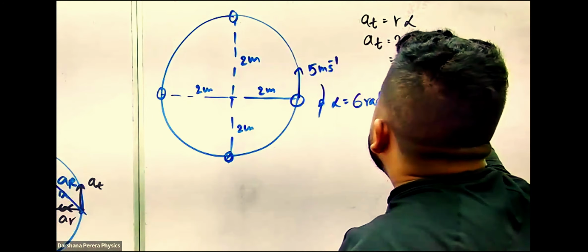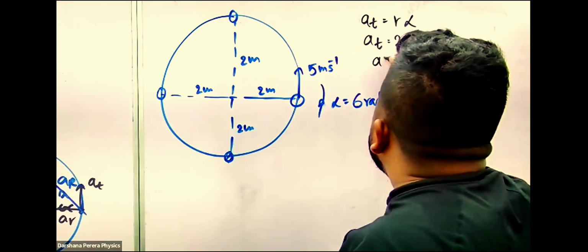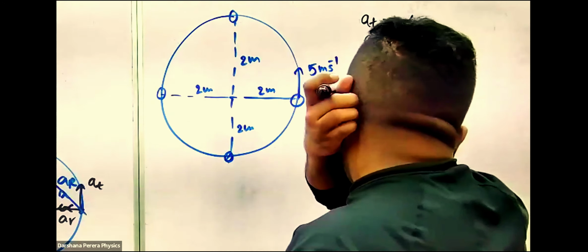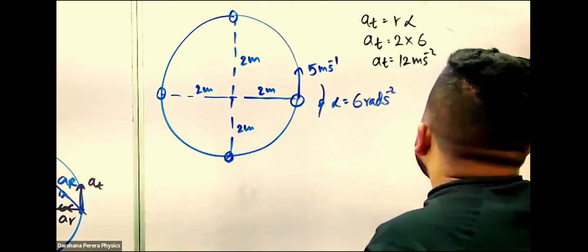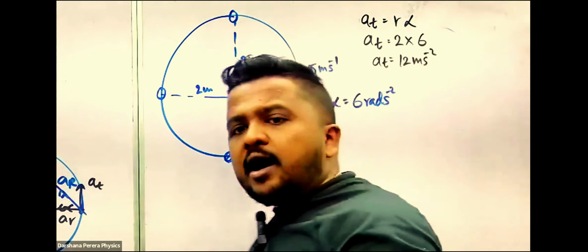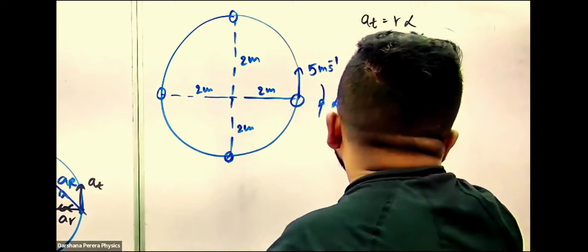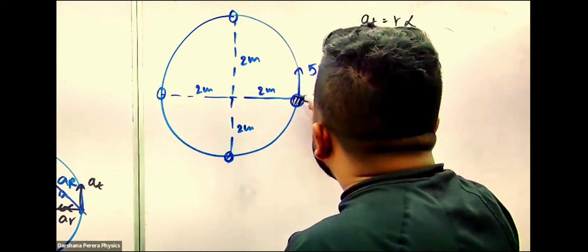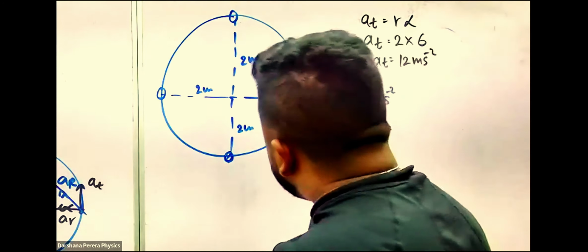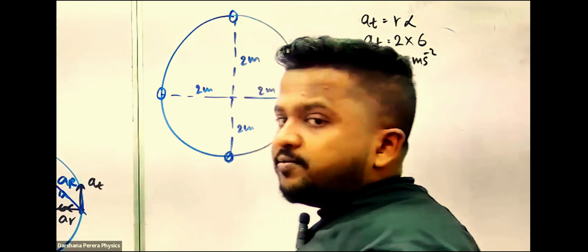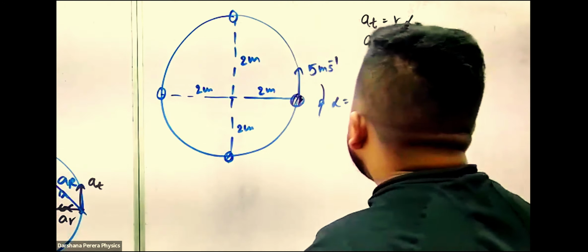Therefore, AT is 12 m s minus 2. And AR: the tangential velocity is 5 m s minus 1.